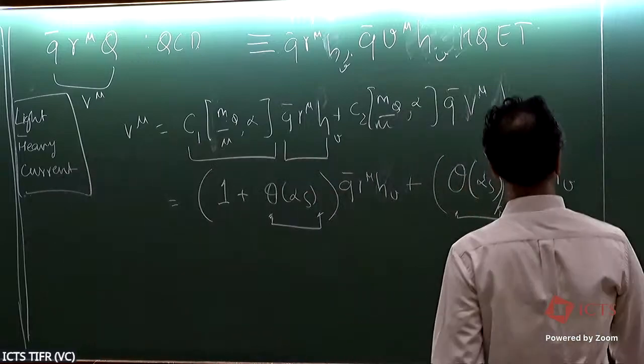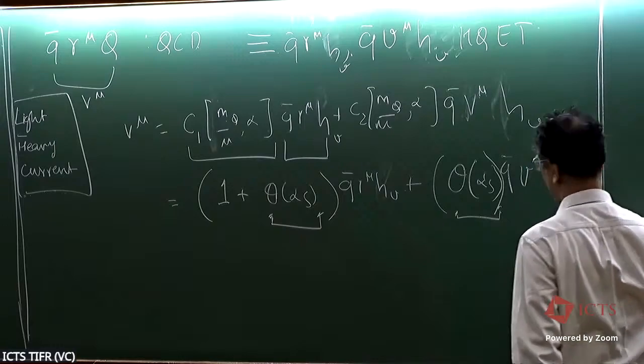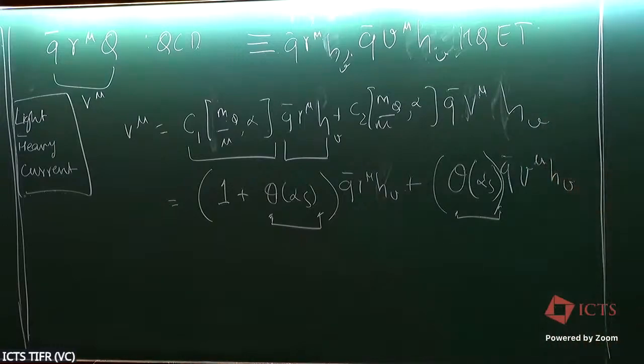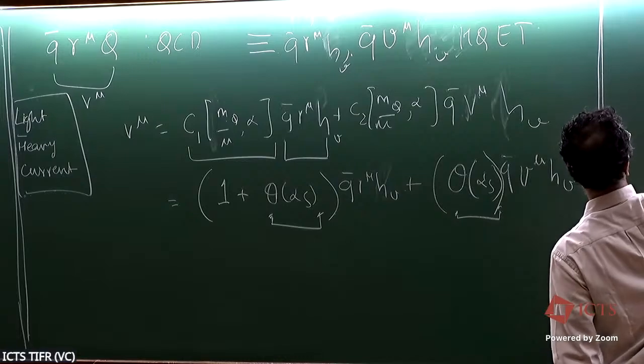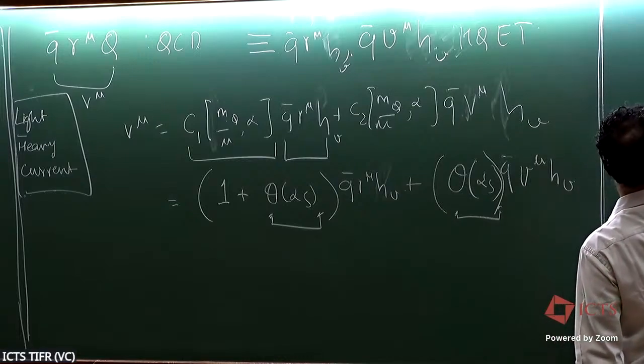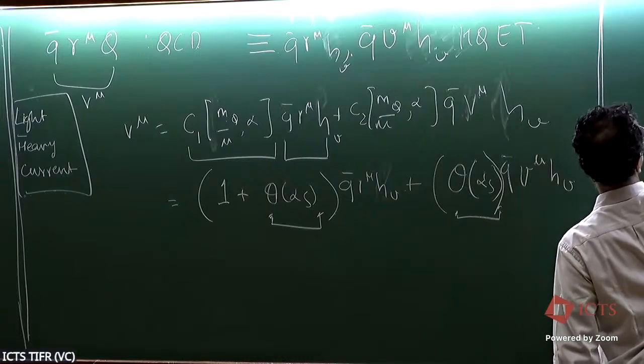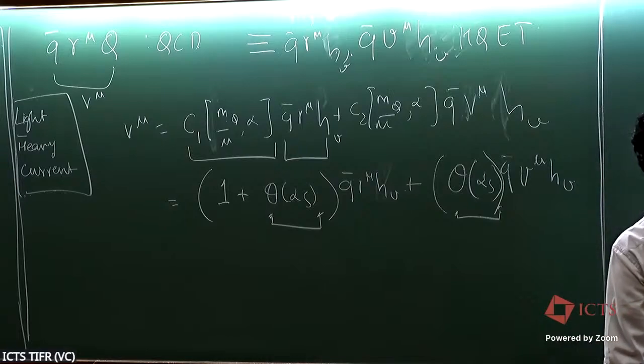So you just have to match a certain quantity in QCD versus HQET. The natural thing to match is, you start from a heavy quark, you put a gamma here, and get it.